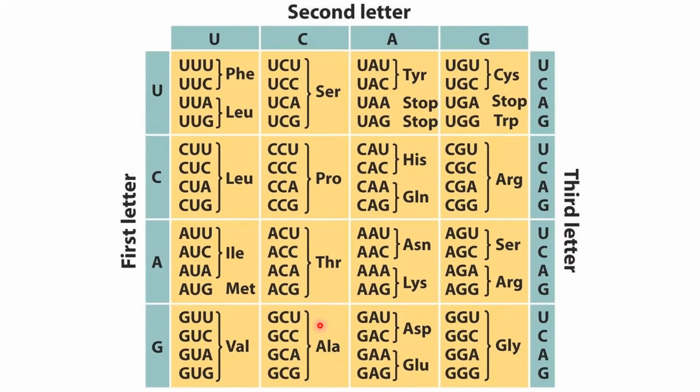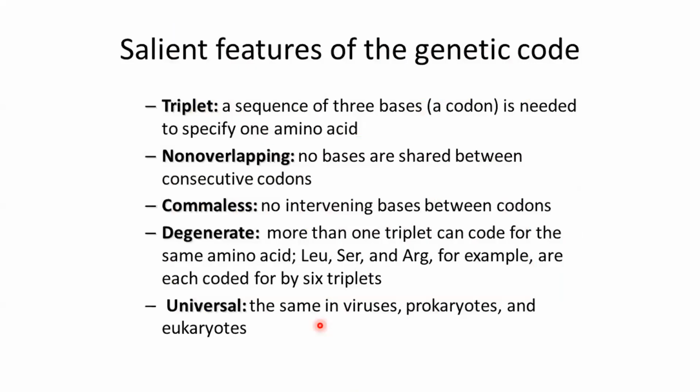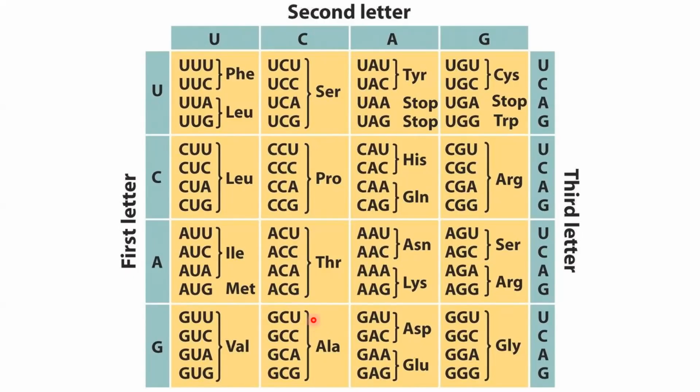So that's a very important function of having a degenerate code, a code that can have multiple variations for each amino acid. Having a degenerate code gives us the ability to have, like I told you, 21 amino acids and 21 tRNAs, but not necessarily 21 sequences of codes.